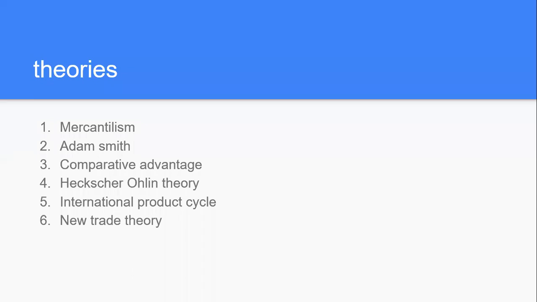This was developed by Michael Porter, where he studied 100 industries in 10 nations, with the intention of determining why some nations appear to be more successful in a particular industry.